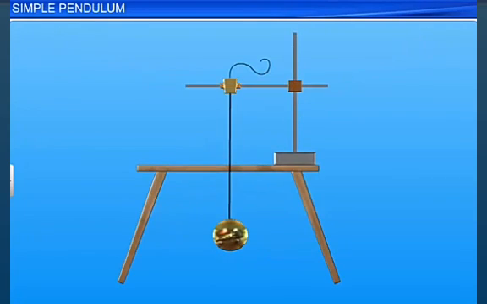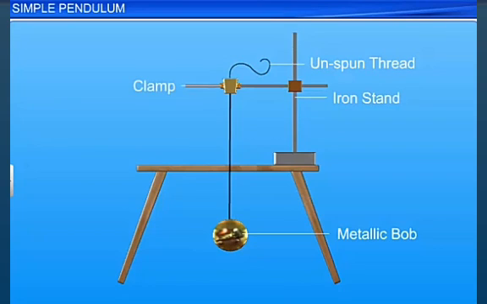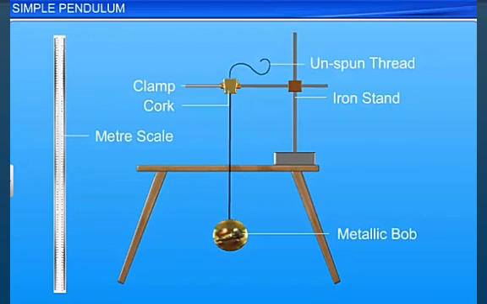The apparatus required are a metallic bob, an unspun thread of length about 120 centimeters, an iron stand with a clamp, a cork vertically cut into 2 equal parts, a meter scale, and a stopwatch.